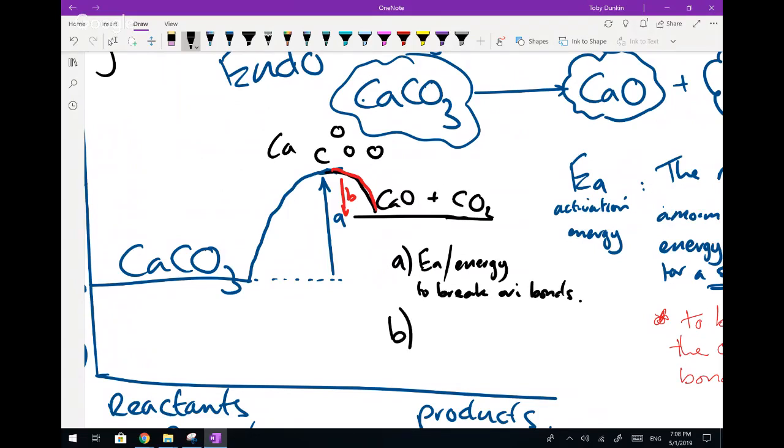So B is now the energy released when new bonds are made. Energy released when new bonds are made. And then we went from 10 to 22.